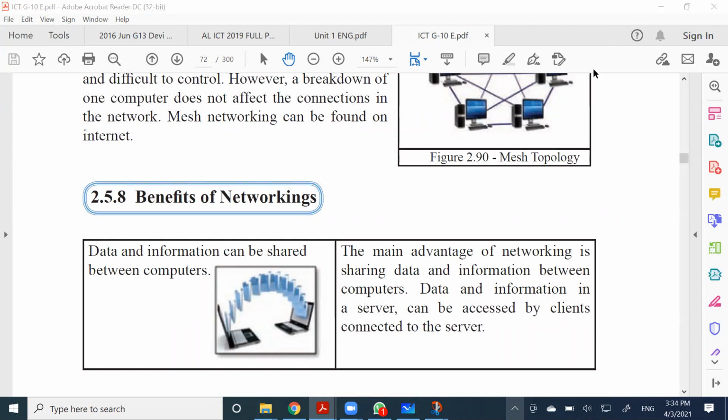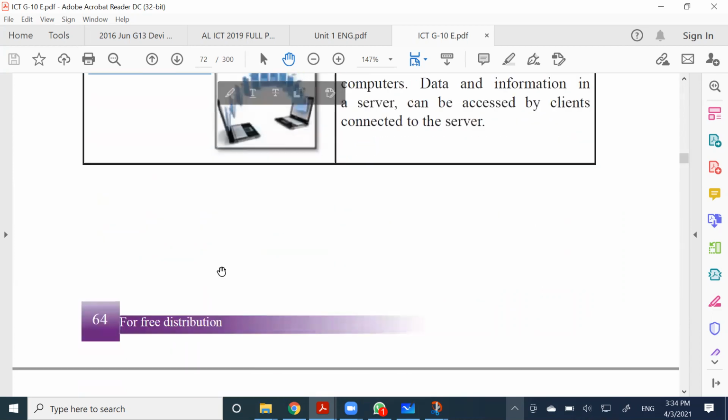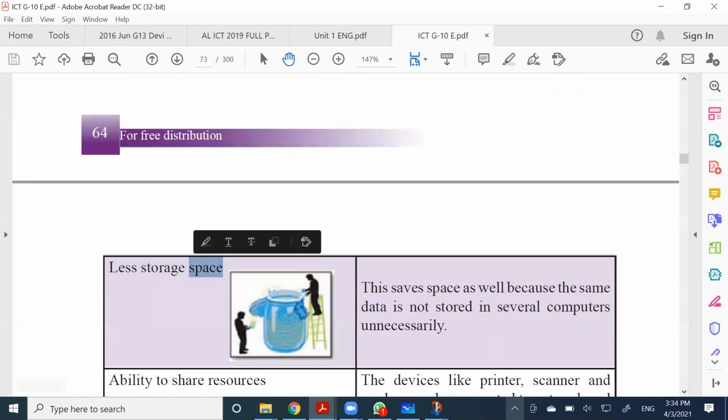Yeah, Dinelka, you need to write the left side things. There are two columns, and only the left column you have to copy one by one, like the points, right?